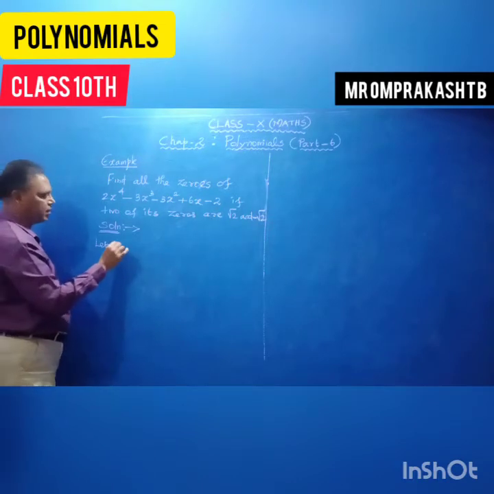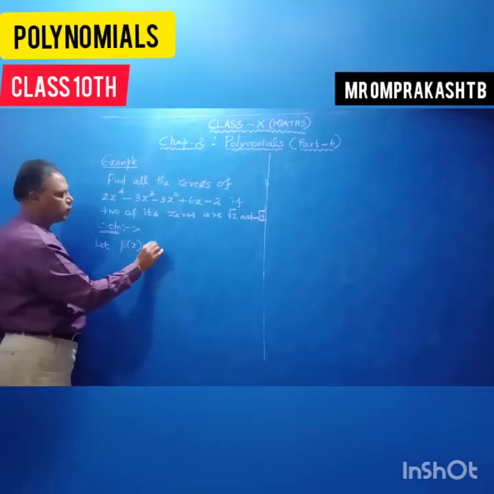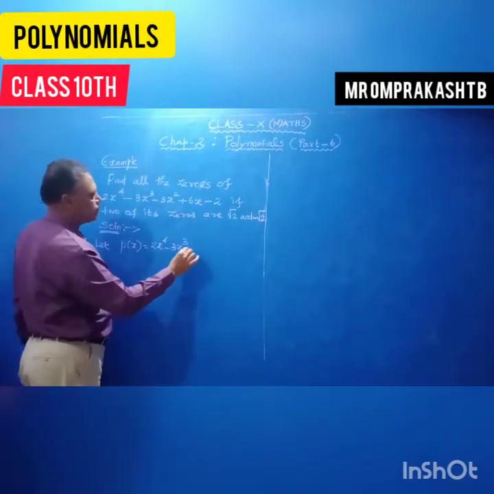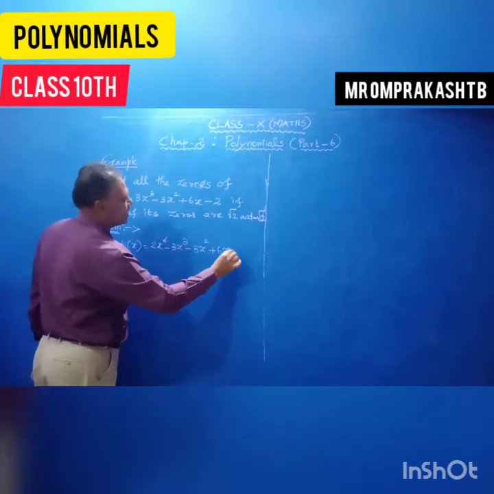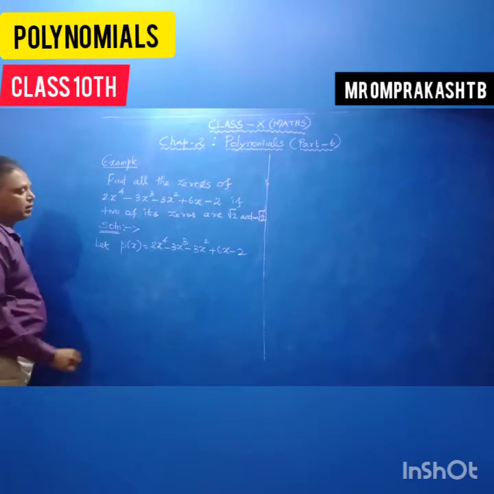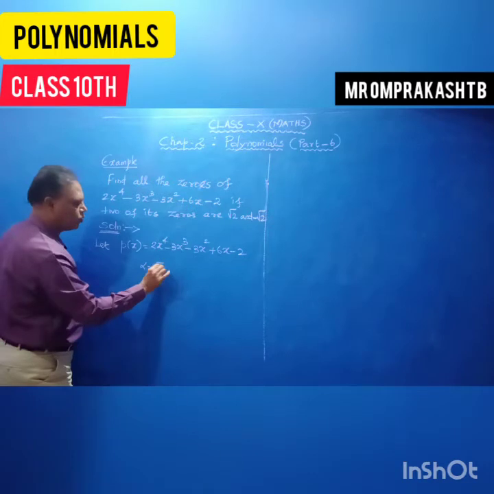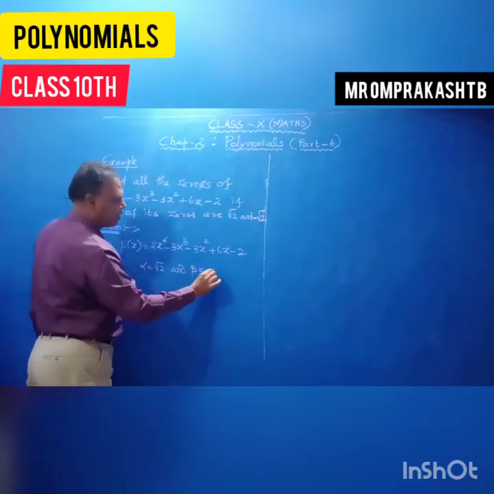Let p of x is equal to 2x power 4 minus 3x cube minus 3x squared plus 6x minus 2. Right? Now take alpha equal to root 2 and beta equal to minus root 2.